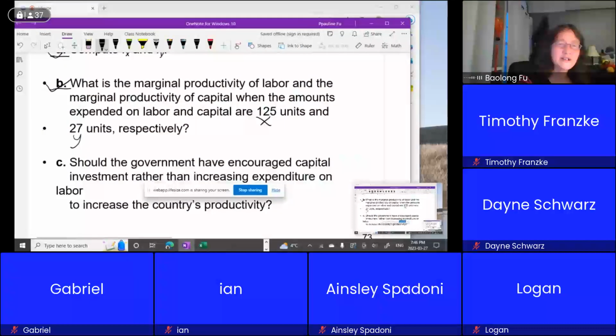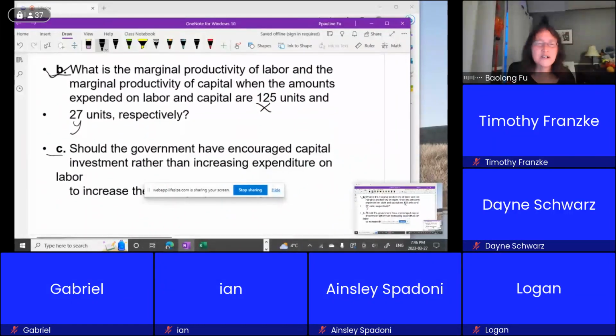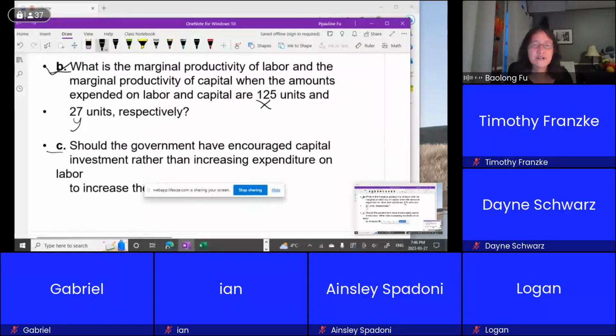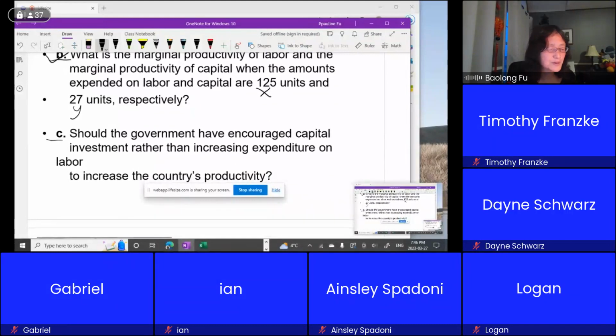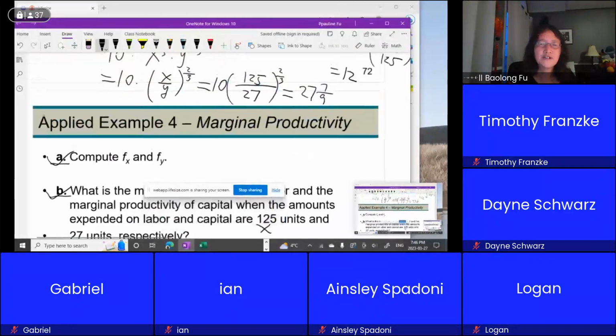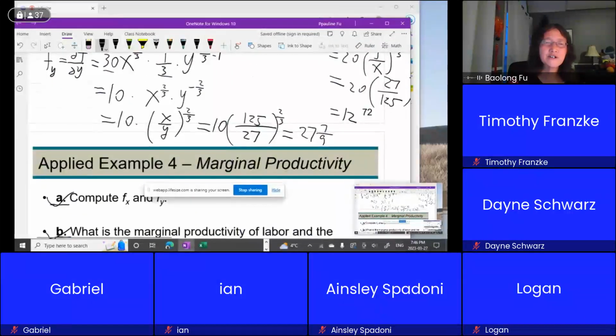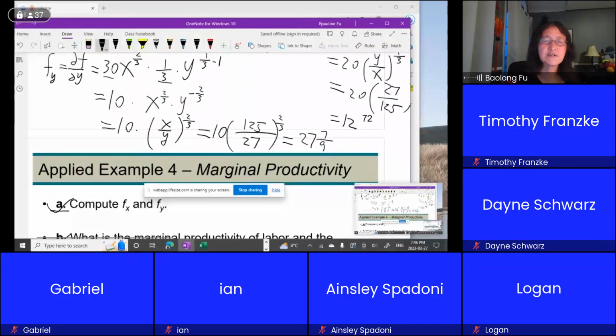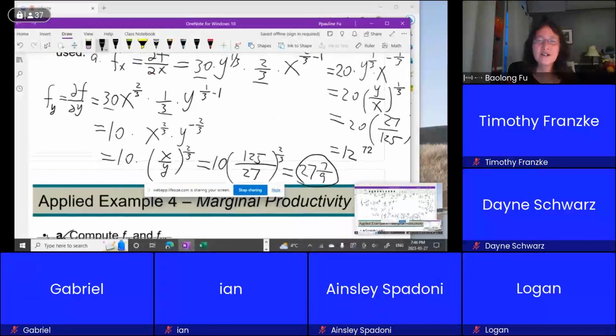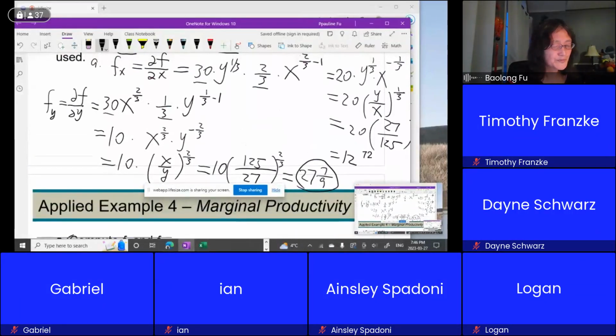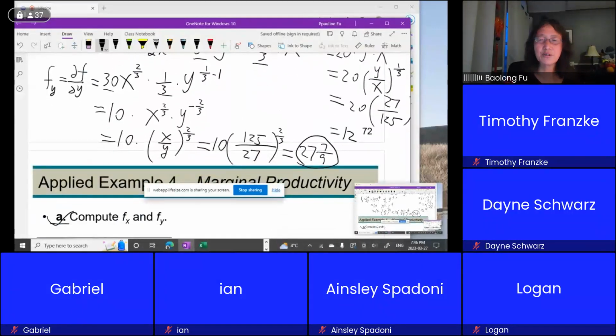And part C: should the government encourage capital investment or encourage labor? Obviously, the marginal productivity for capital investment is 27, and the marginal productivity of labor is 12.